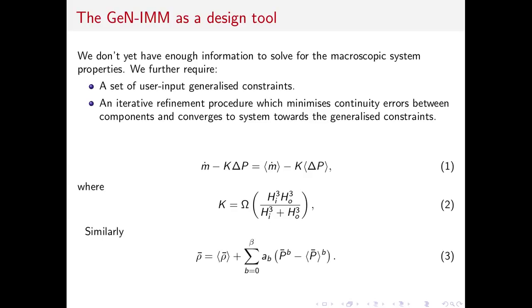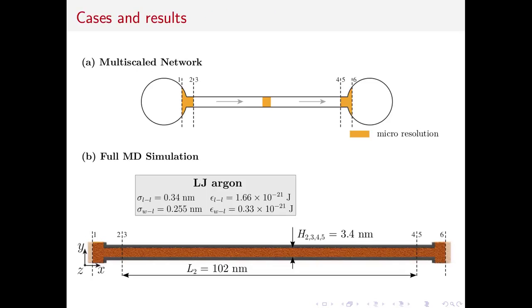So one final thing we need is some iterative equation of state which relates the target mean density in the component to the target mean pressure in the component, and this allows us to deal with compressibility effects in the fluid. So now let's move on to look at some cases and some results.